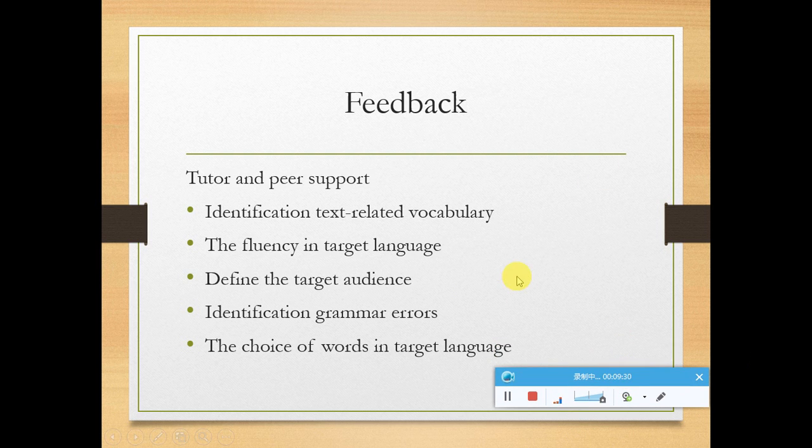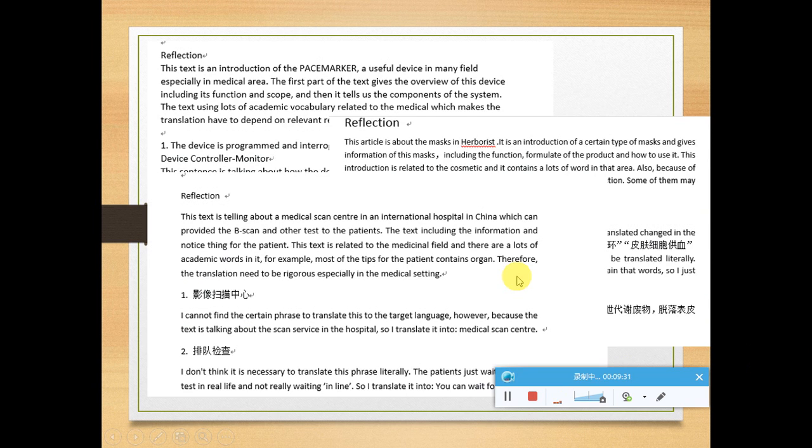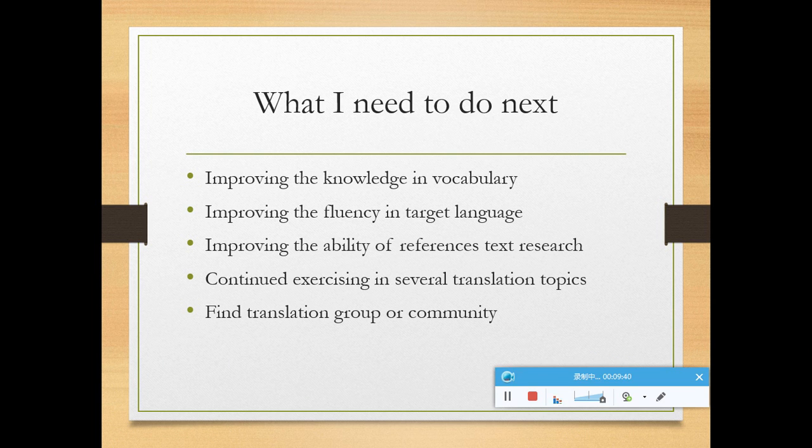And here is some reflection I have done during this semester in this course. And after all of that, it is important to talk about what I should do next. First, I think I need to enhance my vocabulary and define which word can be used in a certain situation.